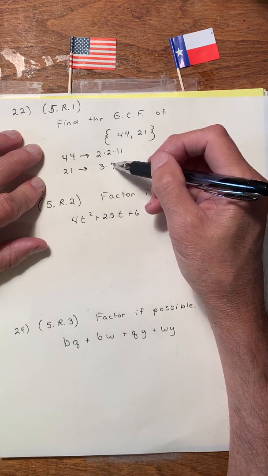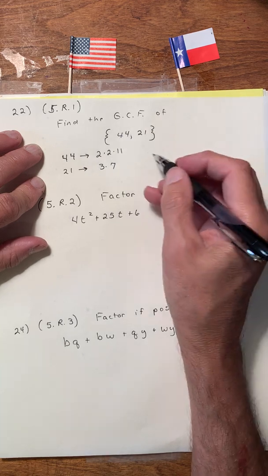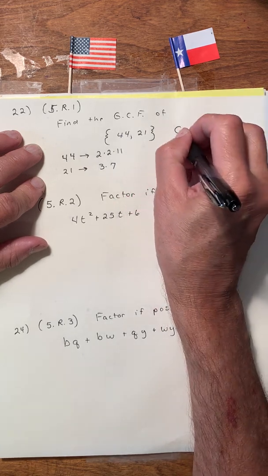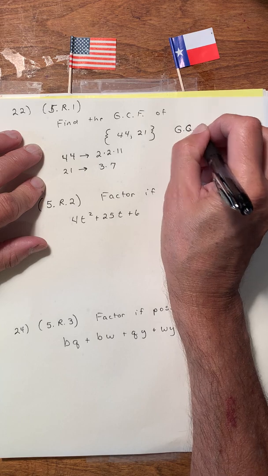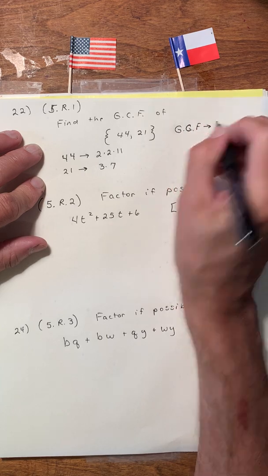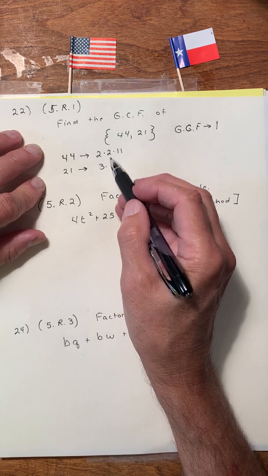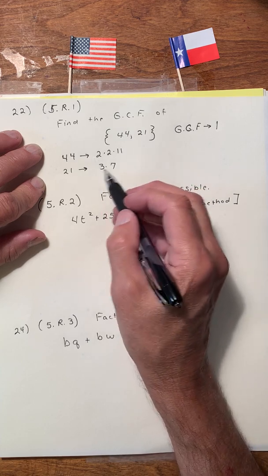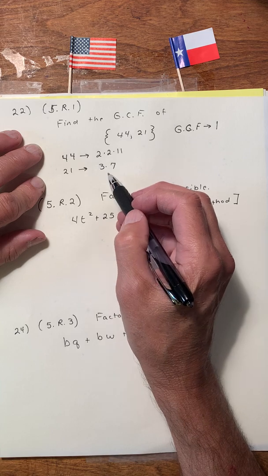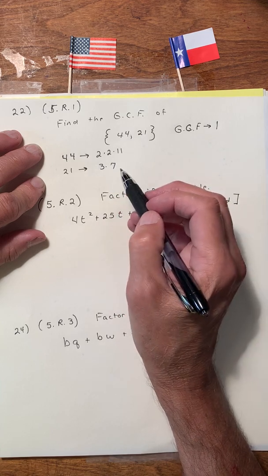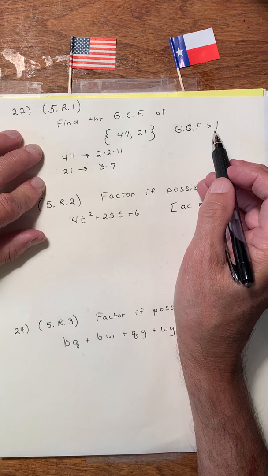They have nothing in common. What do I put for the greatest common factor if they have nothing in common? Greatest common factor is 1. So if they were what are called mutually prime, no factor in both of them, nothing in common, then simply put 1.